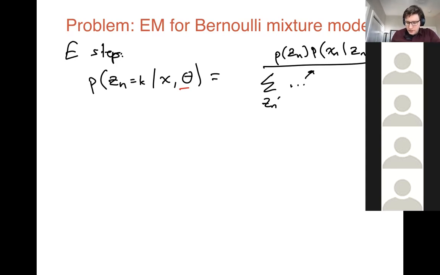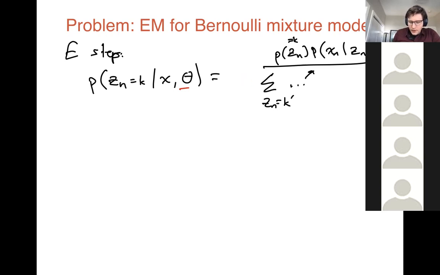Let's be explicit with this notation. This is Zn equals K here. A more explicit way to write this would be Zn equals K prime. Okay, so that's our Bayes rule.